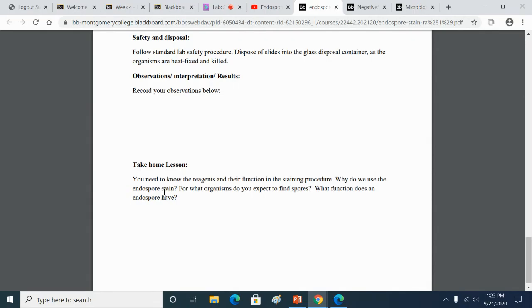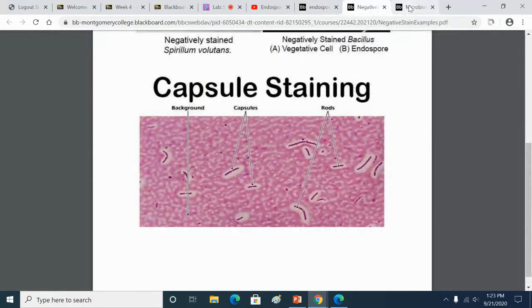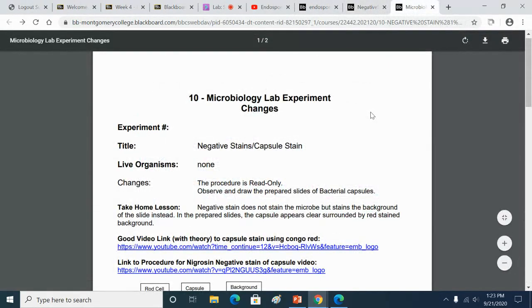And once again, what's the function or purpose of a spore? It's for survival mode. Survival, right? So survival. So any more questions on the spore stain? Everybody's good with spores?